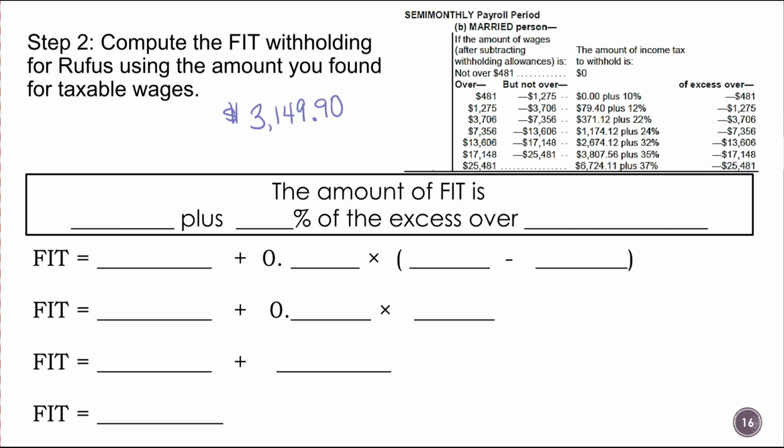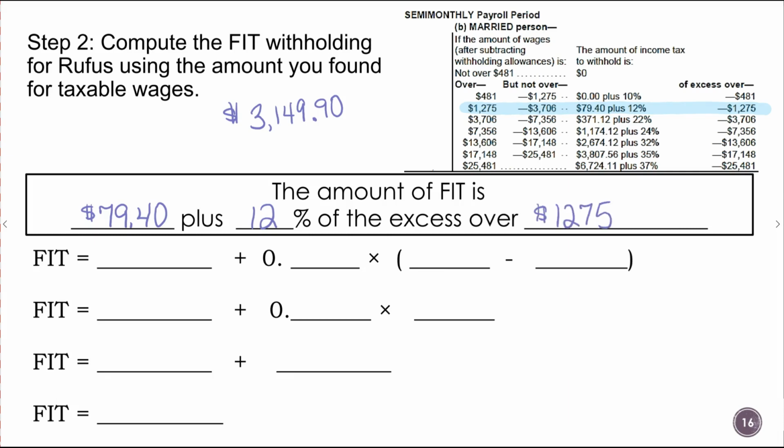So when you're looking, 3,149 is going to be between 1275 and 3706 right here on this row. And so we're on the second row down on this portion of the chart. All right, so he's going to pay 79.40 plus 12% of the excess over $1,275.